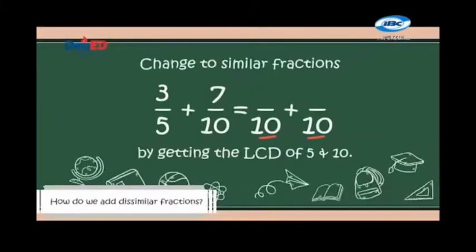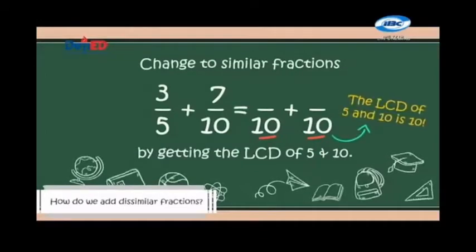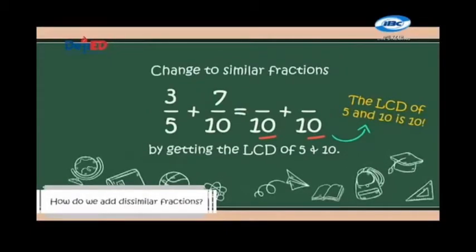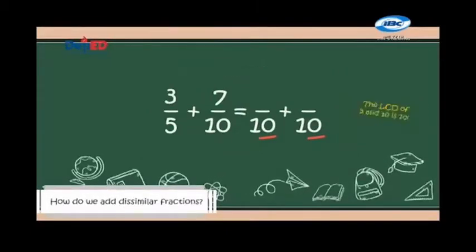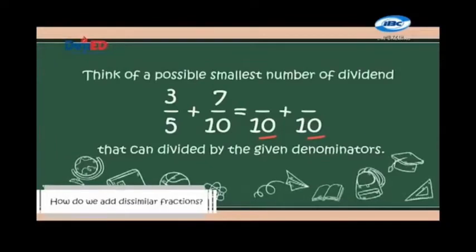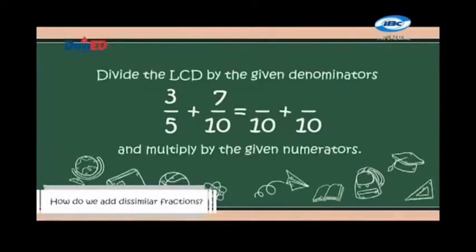Change fractions to similar fractions through getting the least common denominator or LCD of 5 and 10. Again, by using any method, the LCD of 5 and 10 is 10. In a simple way of finding the LCD, think of the smallest possible number that can be divided by the given denominators.